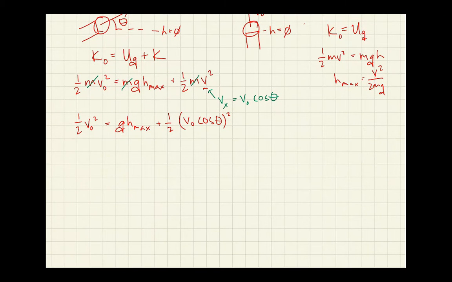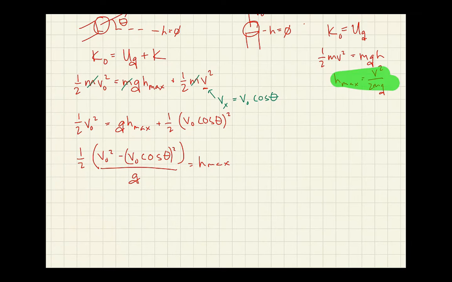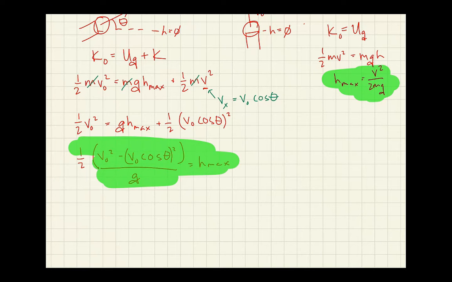And then solving for h max, you'd have 1/2 times v naught squared minus v naught cosine theta squared, divided by g, equals my h max. And that's that. So here's my answer for the vertical one. Here's my answer for the angled one.